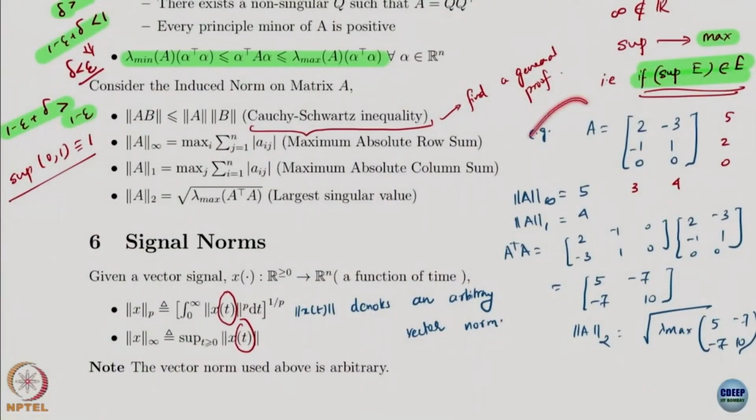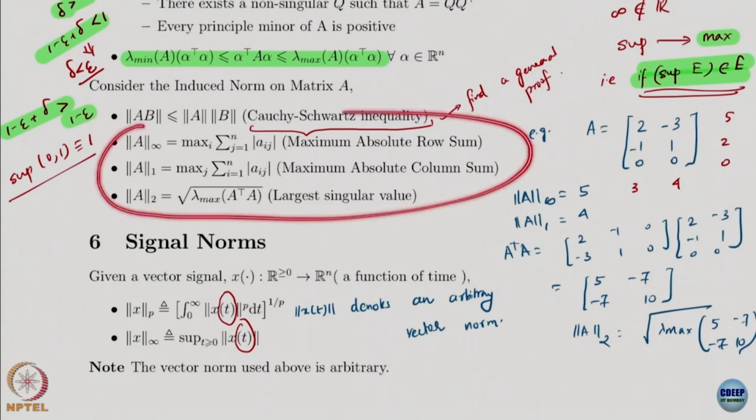Of course, there are simple examples. You have the row sum, the column sum and so on. The 1 norm, infinity norm and 2 norm are rather easy to compute. Basically you just have to apply these formulae.